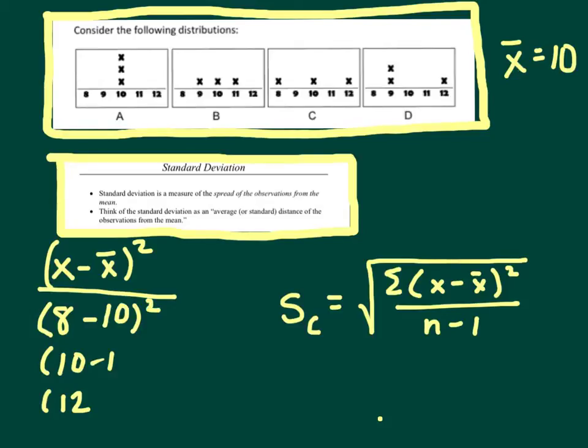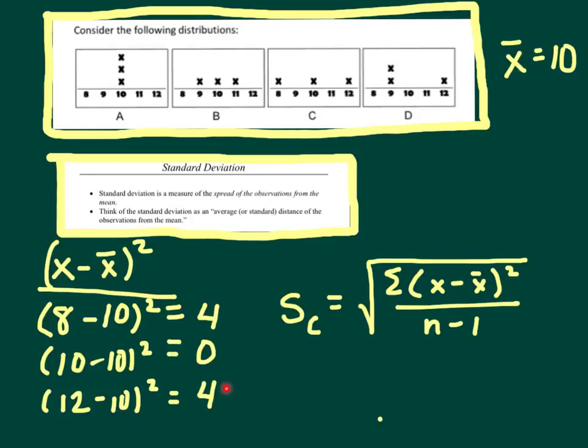Subtract 10, square it, subtract 10, square it, and subtract 10, square it. And then we get negative 2, square negative 2, we get 4 here. The distance here is 0. We have 2 deviations from the mean on the last one, so we'll have another 4 there. And then if we add all of these squares together, that will give us our numerator. So add the squares together and we get 8.